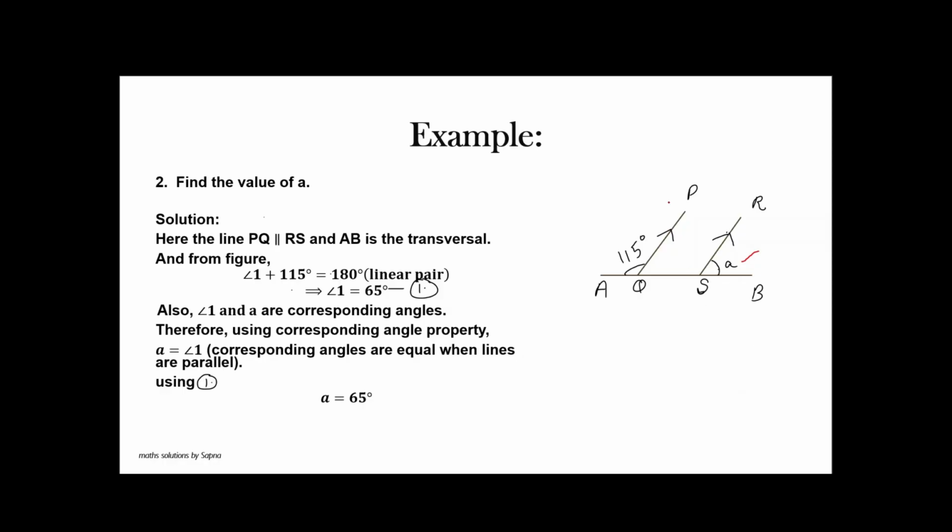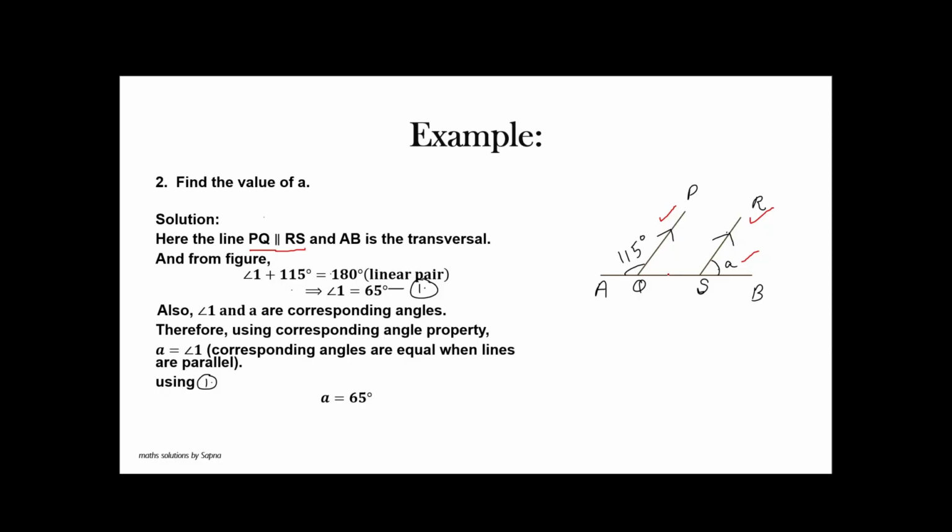First of all, arrows on the lines are given to us. It means lines are parallel. So I can use the parallel line properties to solve the question. Here line PQ is parallel to RS using the figure, correct? AB is the transversal because it's touching PQ at Q and it's touching RS at point S. Touching two different lines at two different points, so it's the transversal.